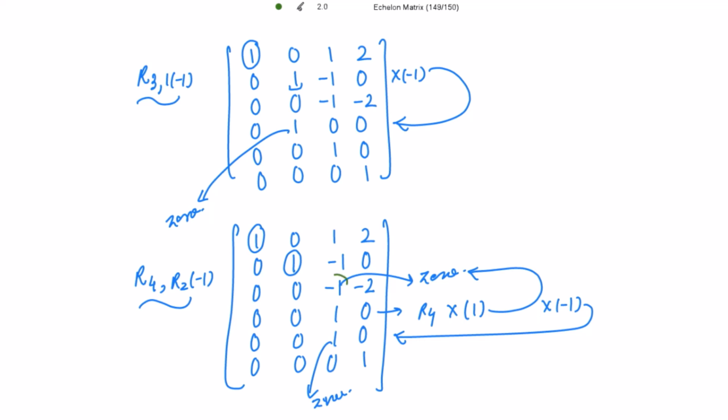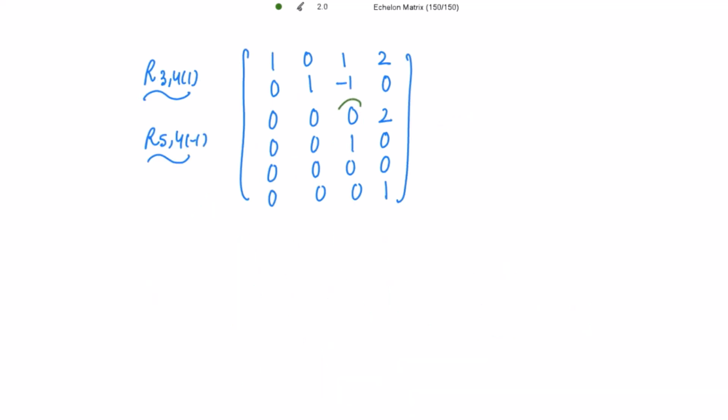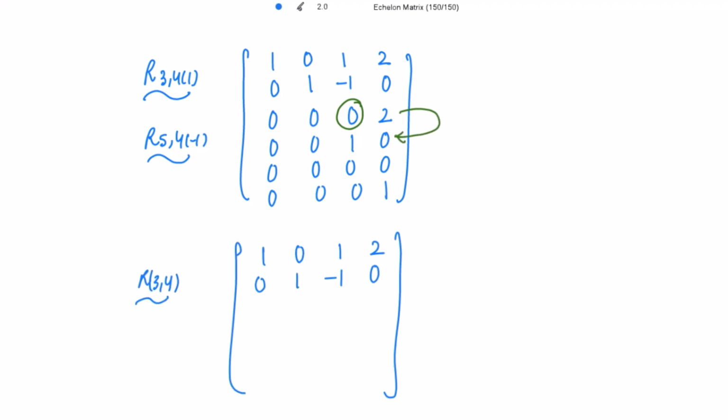To get the positive leading entry for the third row, where I'm having 0 in place of -1 now, let me interchange the third row with the fourth row. So I'm writing the fourth row here and the third row in place of the fourth row. Writing the other rows as it is.